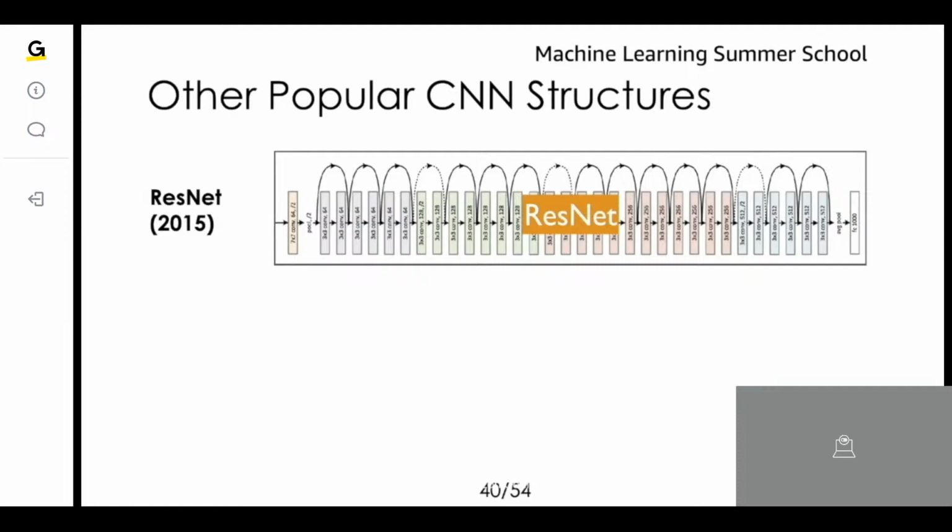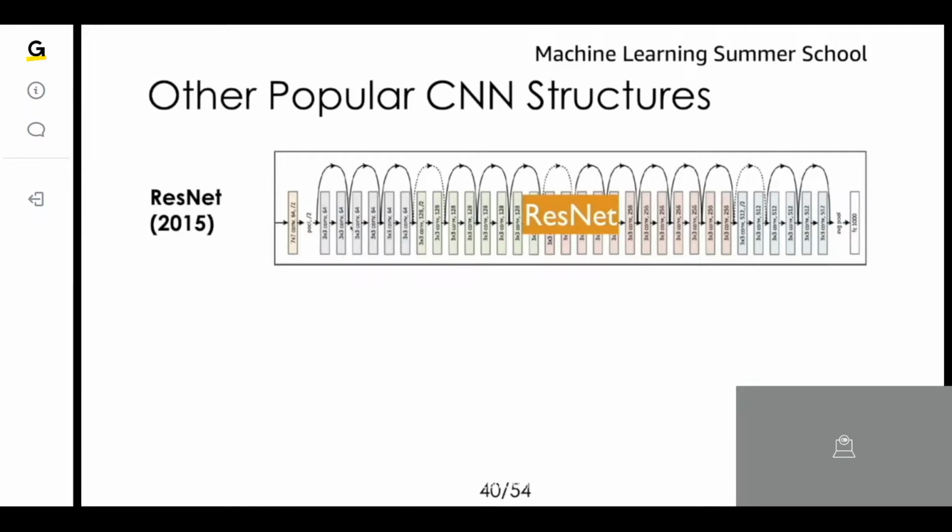ResNet introduced residual connections or skip connections. These connections skip a few blocks, so you can see that it's not connected to this block; it skips a few blocks. And this allowed the network to learn better. The authors hypothesized that residues would be easier to learn than the entire function.